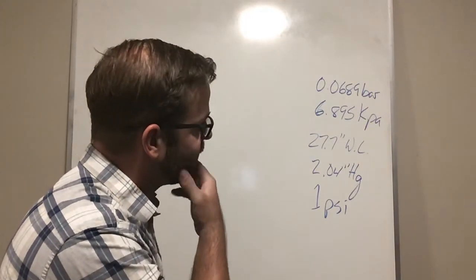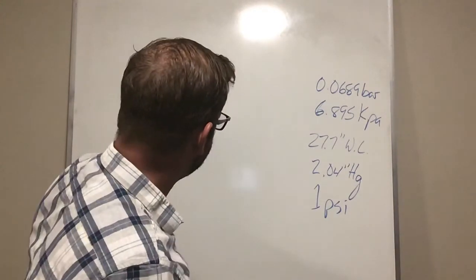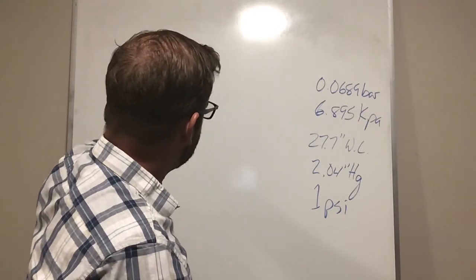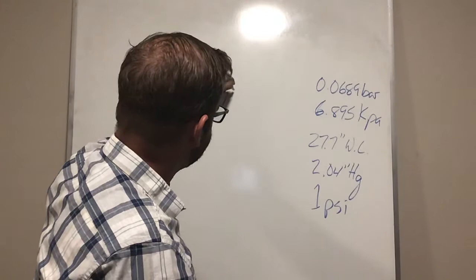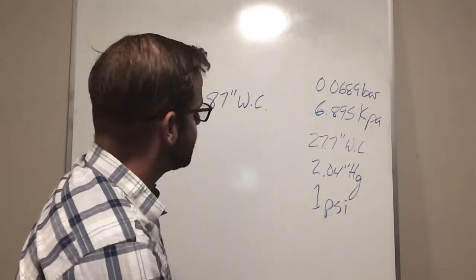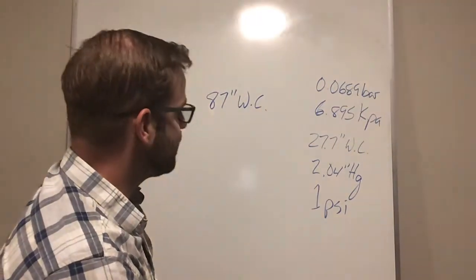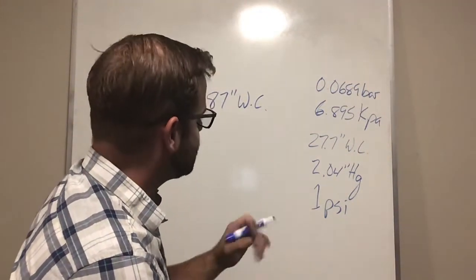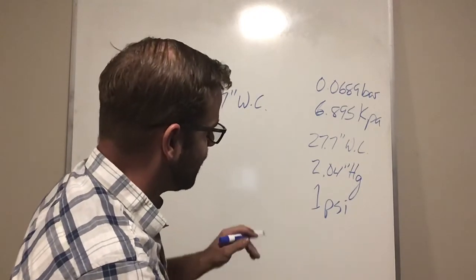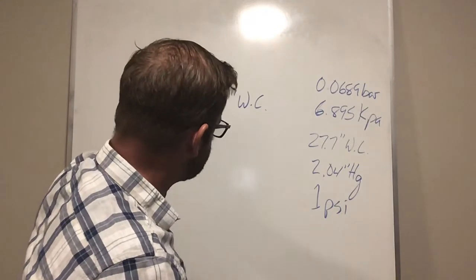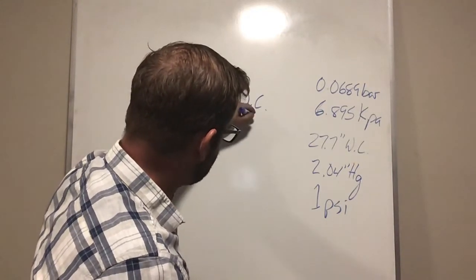So let's first say I have 87 inches of water column, and I want to know how many psi that is. So the easiest way to do these is looking at, so I want to know psi, question mark.